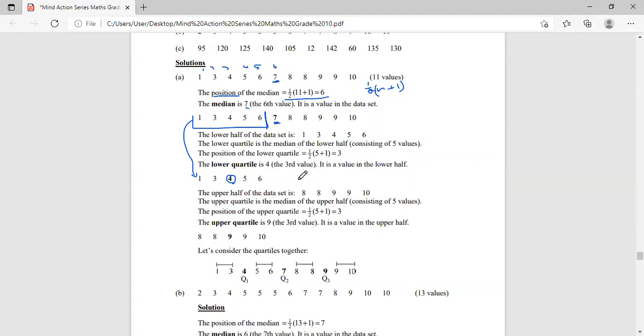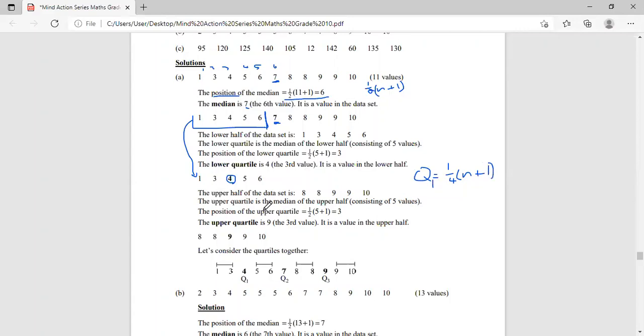We don't even need to calculate it. It's in the middle. But if you were to calculate the quartile, well, you're gonna do it next year, where the position of Q1 is equal to a quarter of n plus 1.